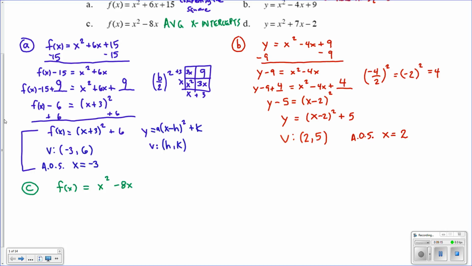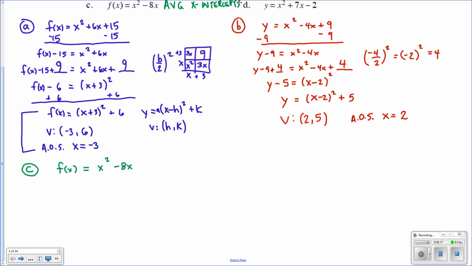So if we're going to be looking for the x-intercepts, we're going to need to substitute an output value in at 0 here, because all the points on the x-axis have a y-coordinate of 0. So we're going to say 0 equals x squared minus 8x. Our number one goal here is to find the x-intercepts.